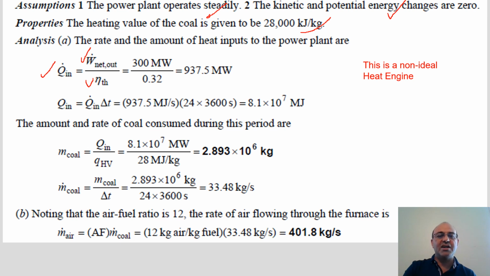So Q dot in is equal to W dot net out divided by the efficiency. We have the net output, which is the power given to the generator of the power plant, divided by the efficiency. So we find Q dot in. This is in fact Q dot H of the heat engine.